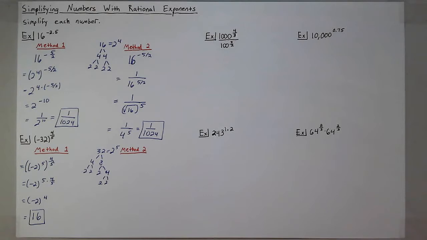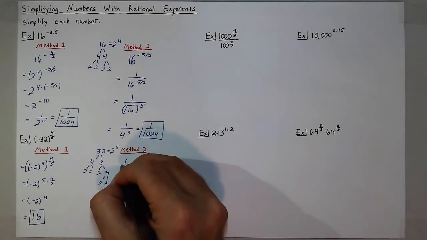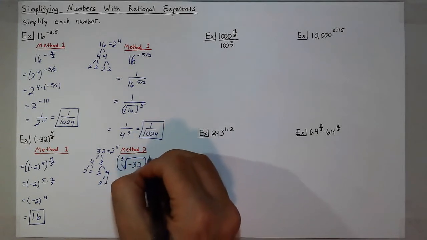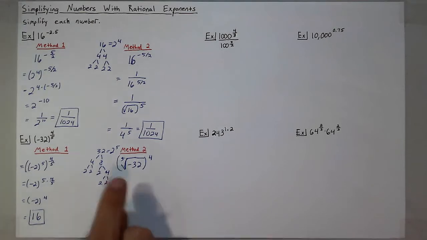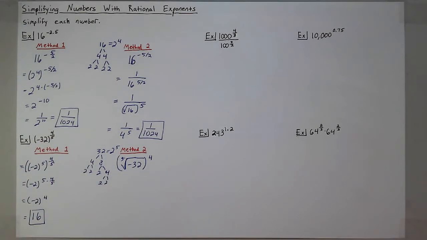And the alternate method for this is to rewrite this into radical form. So I can write this as the 5th root of negative 32, and then raise to the 4th power. Now the 5th root of negative 32: we know negative 32 is negative 2 to the 5th.